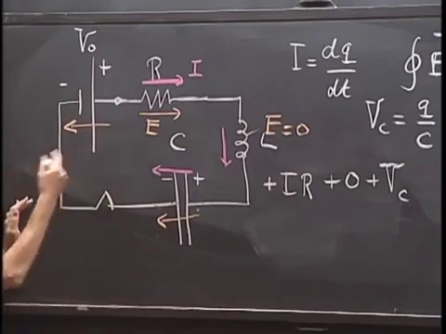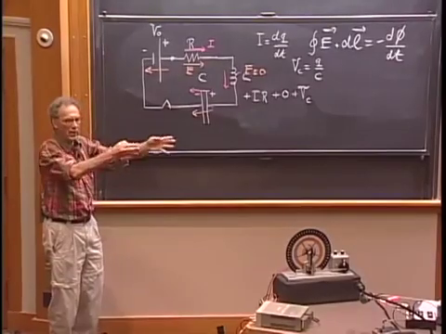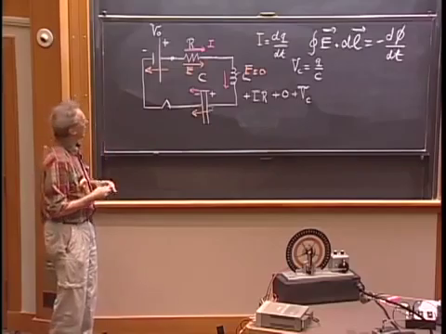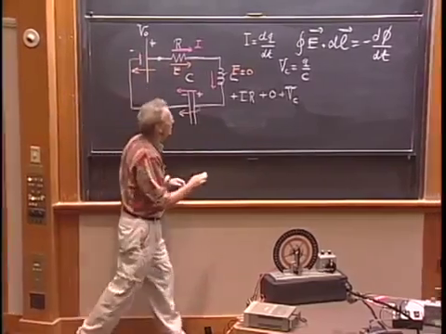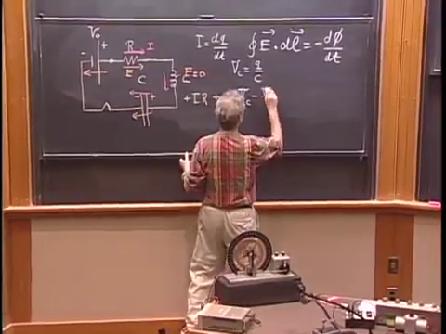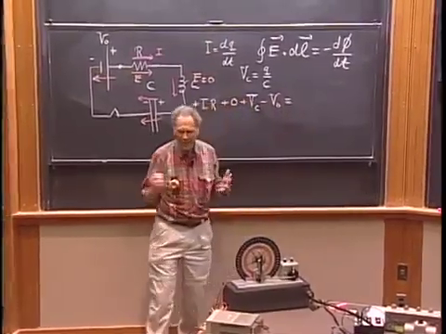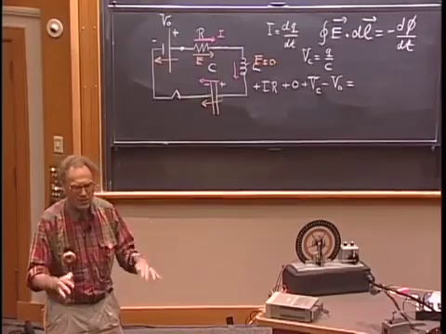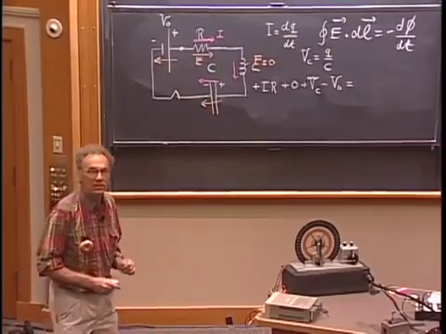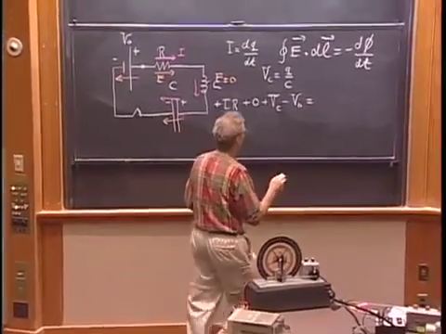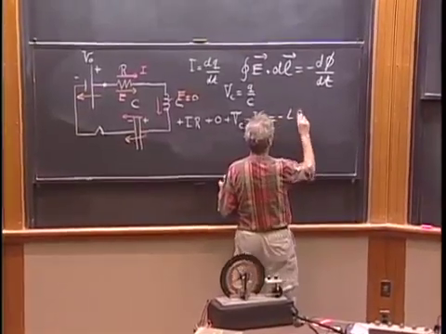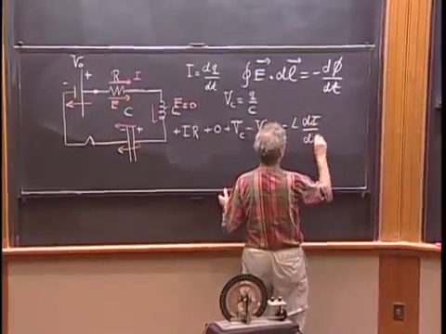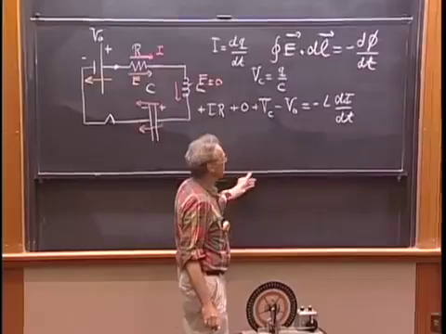Here the electric field is opposing me. I walk into the electric field, so E dot dl is negative, and this is minus V0. And now I go to Mr. Maxwell, to Faraday, and he says, and this now is minus L di/dt. The hell with Kirchhoff. Minus L di/dt. And now I have my equation correct.